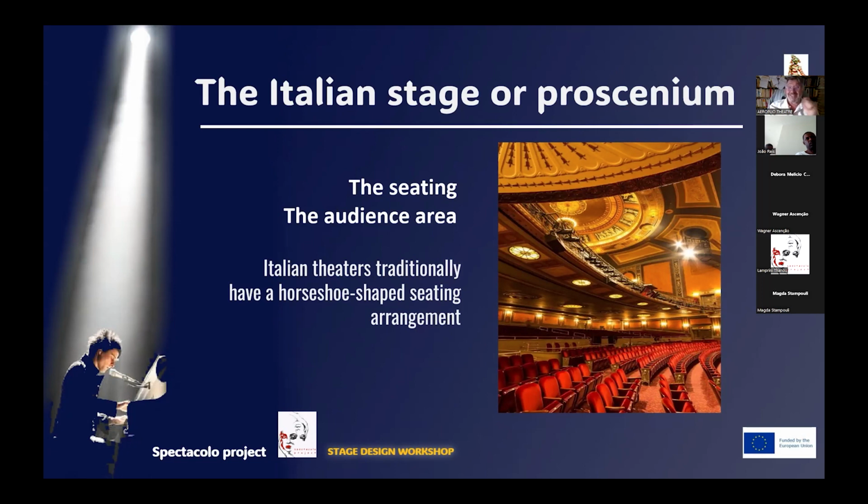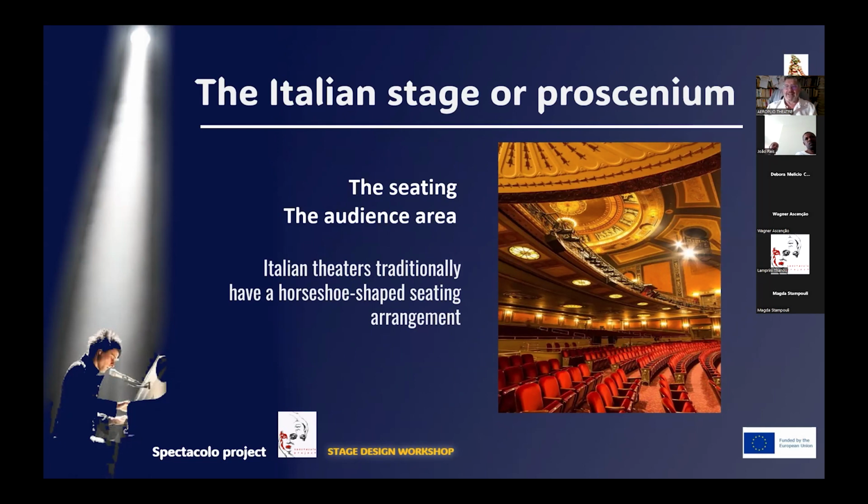Italian theaters traditionally have a horseshoe seating arrangement with tiers of seats curving around the stage in a semicircular or elliptical pattern. This design allows for excellent sight lines and acoustics, ensuring that the audience members have a good view and can hear the performance clearly.